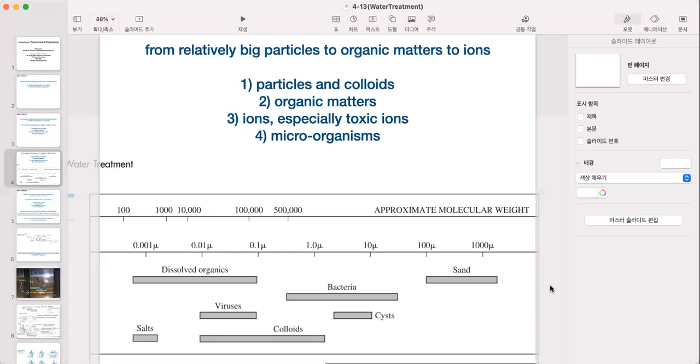So from next class after the midterm examination period, we don't have any class next week, we would like to step by step give you a little bit more detailed information and detailed knowledge about removal processes: coagulation, adsorption, the membrane process, and disinfection.